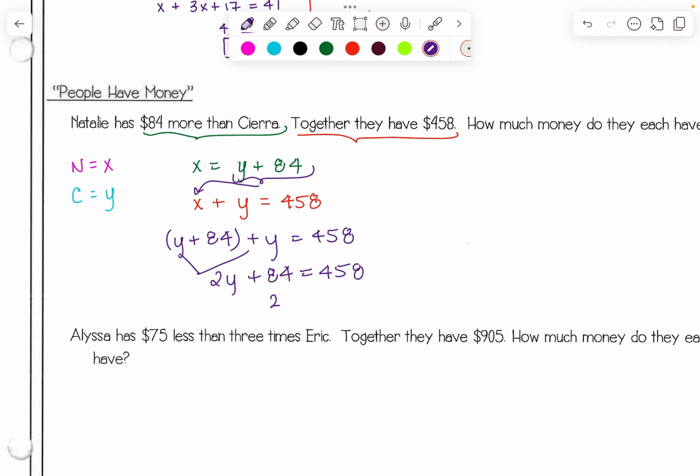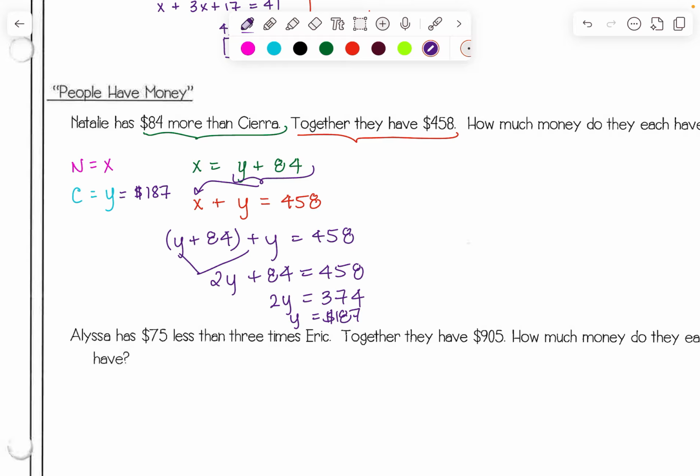Subtract 84 from both sides, and 2Y is equal to 374. Divide both sides by 2, and Y is equal to $187. That means that Sierra has $187. Great. Let's find out what Natalie has.